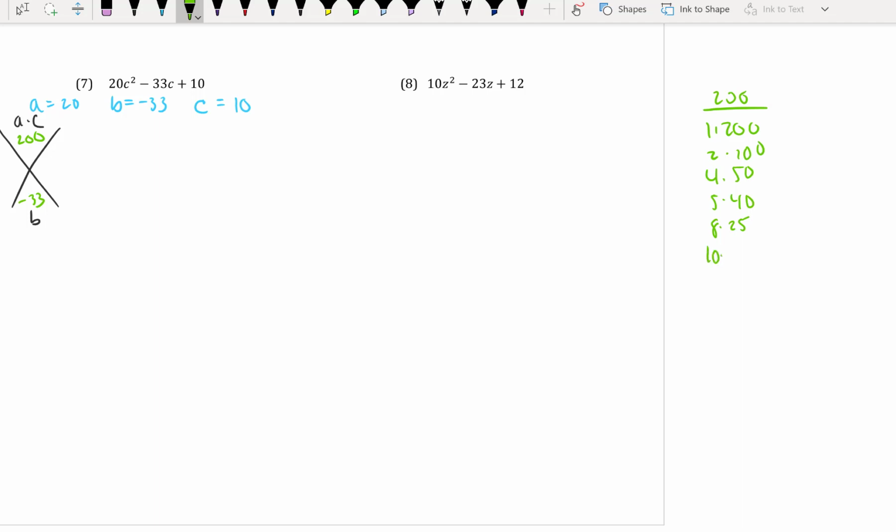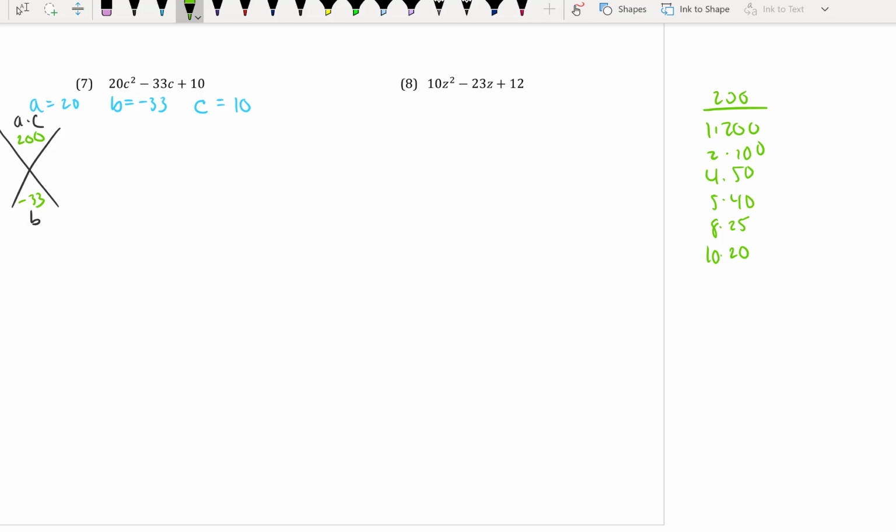I also have 10 times 20. Okay, I already said that. So I think those are, for the most part, all of the factors that multiply together to give me 200.